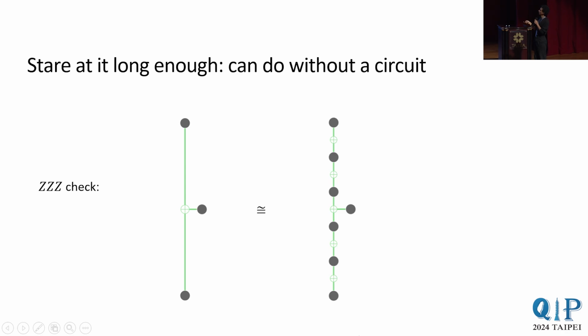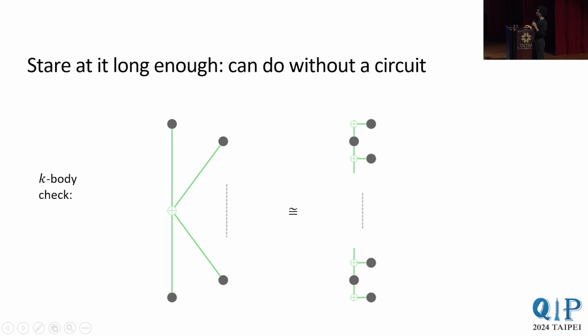If you have 3 bits and a ZZZ check between them, you can also have a repetition code in that section that is going to carry the value of that bit all the way down there. This value is going to be summed with the value of this bit, and then this sum is going to be carried down there to be summed with the value of this bit. So you're enforcing a ZZZ check. Same thing for k-body checks. The general insight is that you can take whatever k-body check you have and decompose it in that kind of structure.